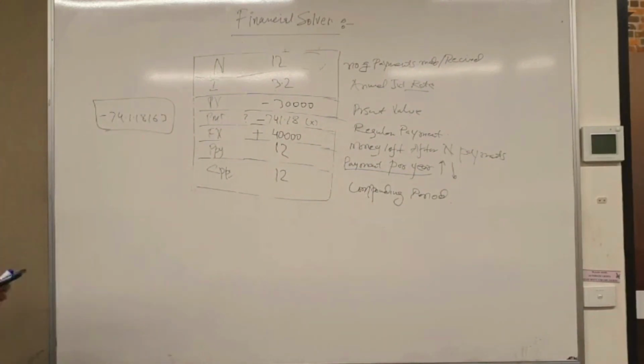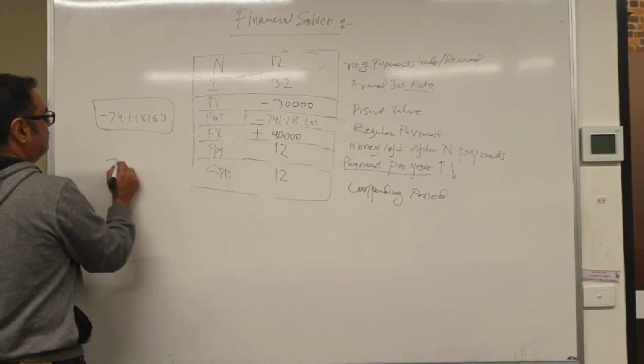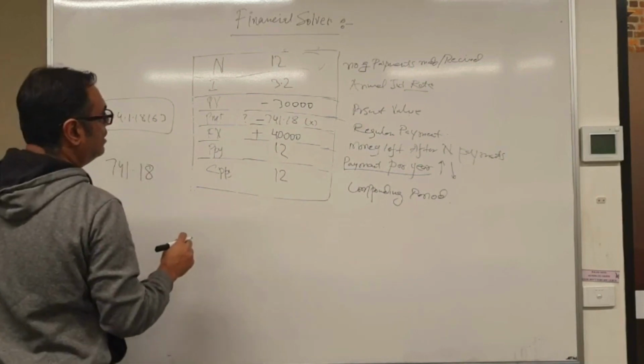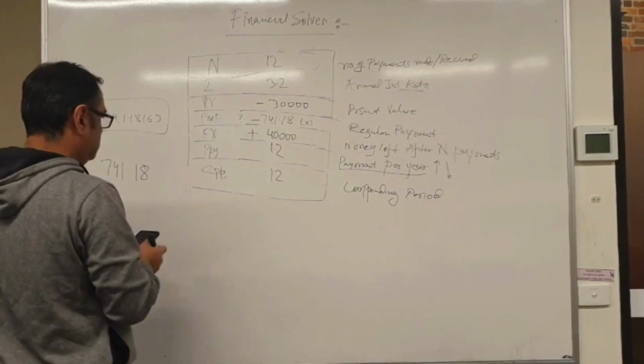Now, can someone on the regular calculator do 741.18 times what?